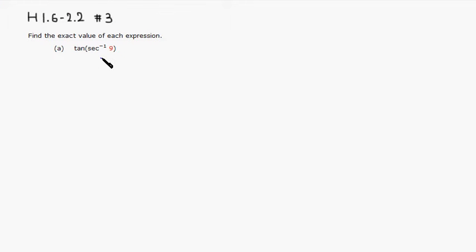We don't like arcsecant, so I'm going to call this guy theta. So we're looking for tangent of theta. Let's work with this for now.